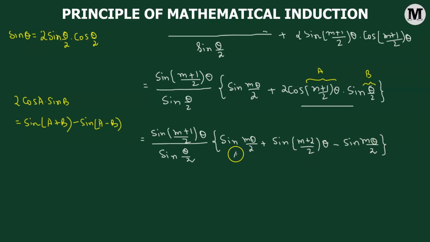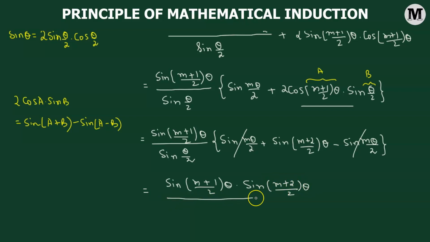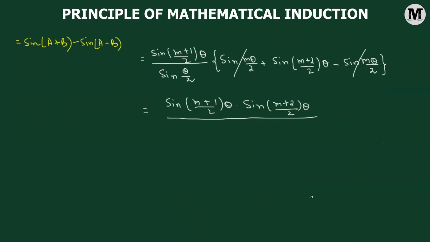Okay, so now we can cancel out the first term and the third term, and that is going to finally leave us with sine of angle (m plus 1) over 2 times theta multiplied to sine of angle (m plus 2) over 2 times theta, whole divided by sine of theta over 2.